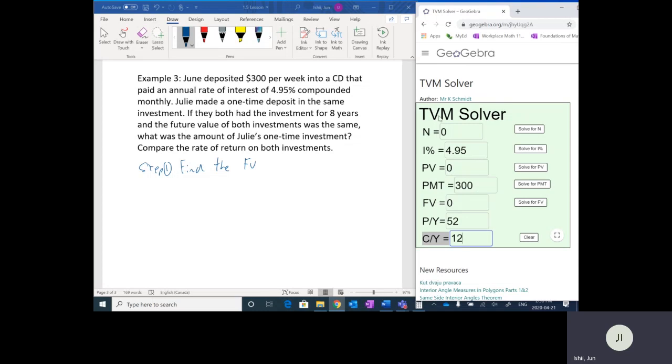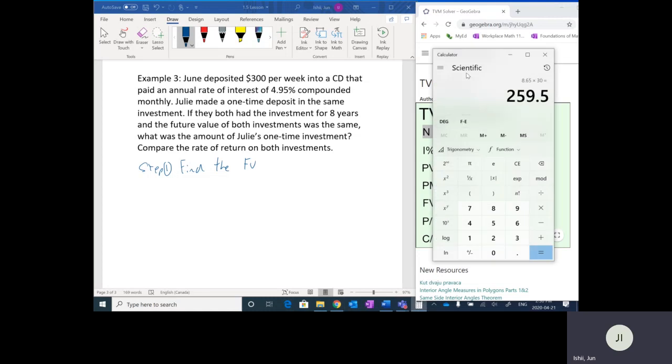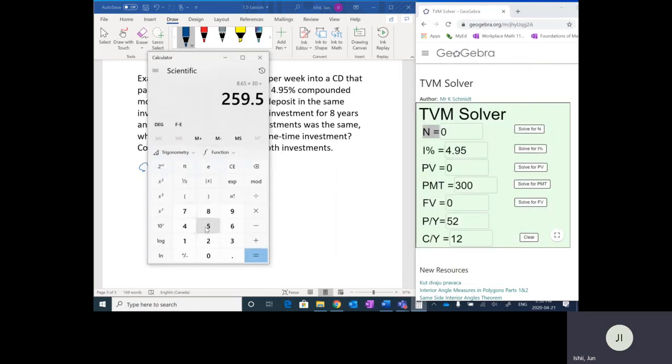We'll start off with nothing. All right, so present value, or the principal, was 0, and n in this case, so we have, again, how many payments? So payments per week, so 52 payments per year for 8 years. Okay, so 52 times 8 would be the total number of payments.